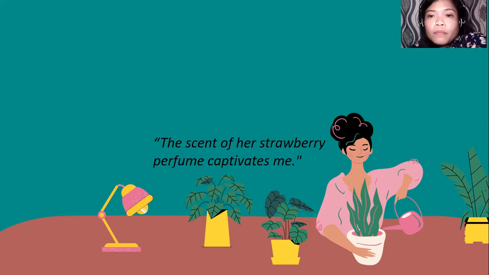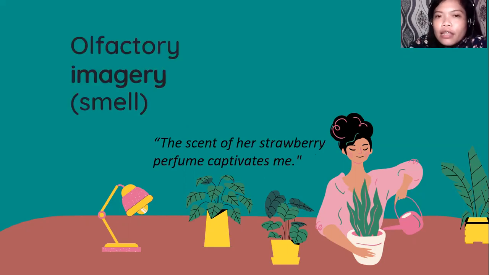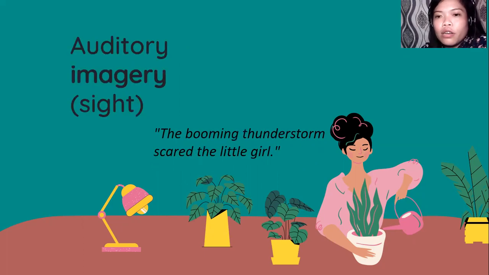The next one, the scent of her strawberry perfume captivates me. What is it? Okay, got it again. That is olfactory imagery. Why, class? It's very obvious because you have there the scent of a strawberry that captivates the person in the sentence. So olfactory. Let's go back to the previous one, because I did not actually state those hint words.